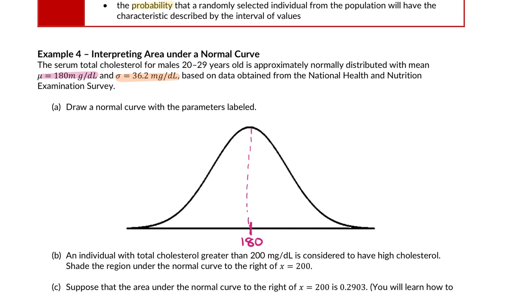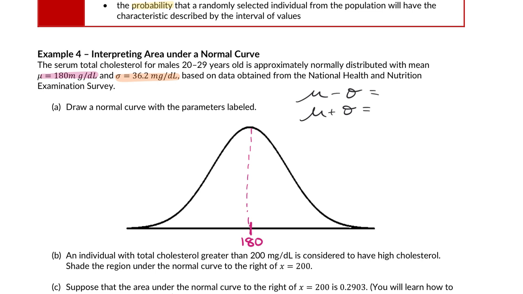We also need the points of inflection for this graph, which are one standard deviation above and below this mu. So we are going to compute mu plus sigma and mu minus sigma. You have mu and sigma right there, so we're going to do 180 minus 36.2 and 180 plus 36.2.